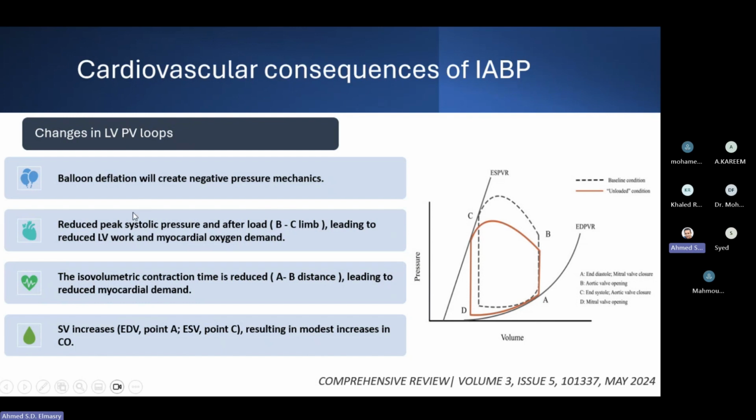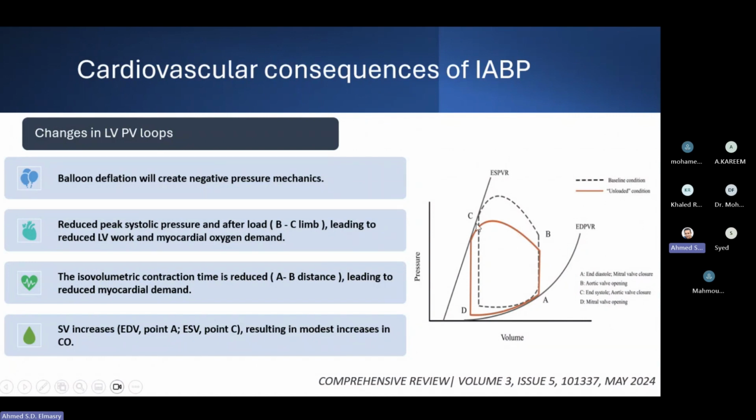As we see, the balloon deflation will create negative pressure mechanics. And if we see the BC limb, this is equal to the afterload, it has been reduced, which will lead to decreased left ventricle workload and myocardial oxygen consumption.